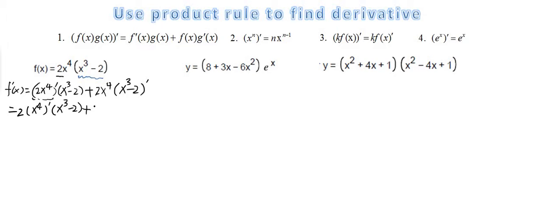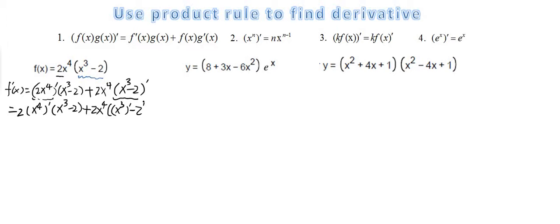Okay, and for this polynomial, we have two terms, and we're going to take the derivative of each term. That is the difference rule. We have two terms. We take the derivative of each term.